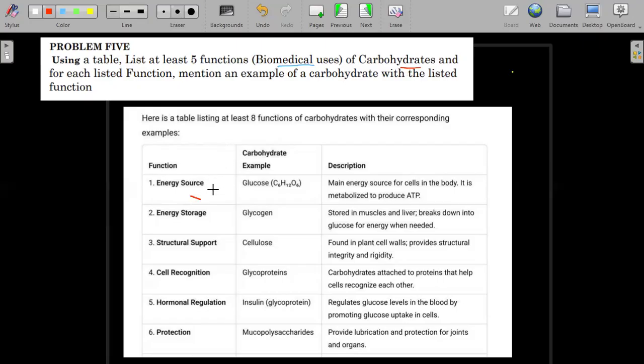The first function is energy source. A good example of a carbohydrate which is an energy source is glucose. Glucose is the main energy source for cells in the body, and it is metabolized to produce ATP.